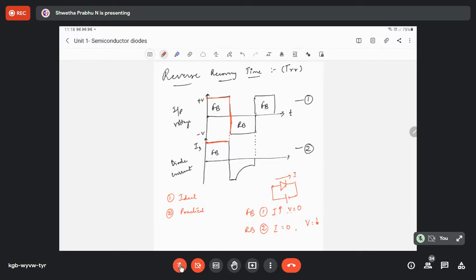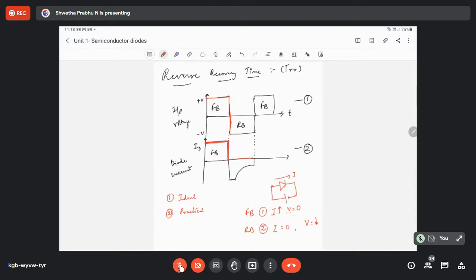When the diode is forward biased, you will get the characteristics like this under forward bias. What happens when the diode is reverse biased? Current decreases. Current decreases in the sense, shall I make this 0 under the reverse bias case?